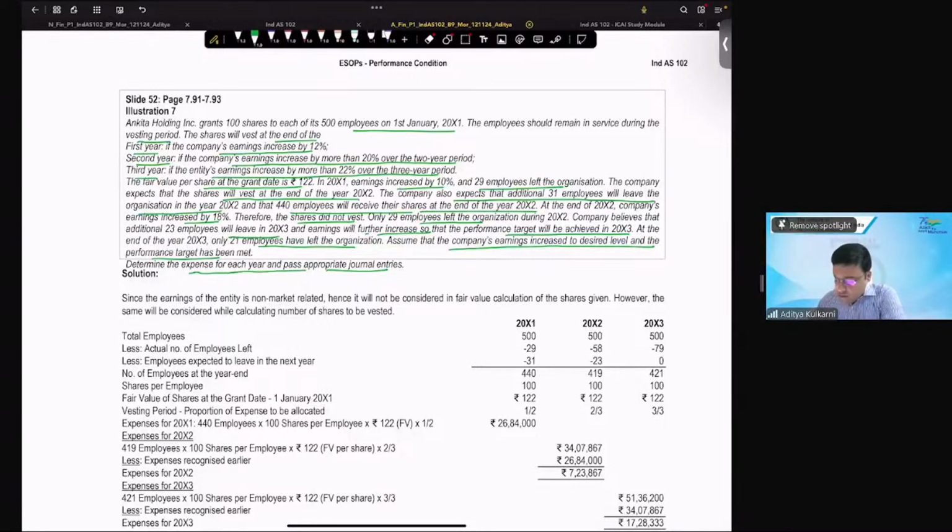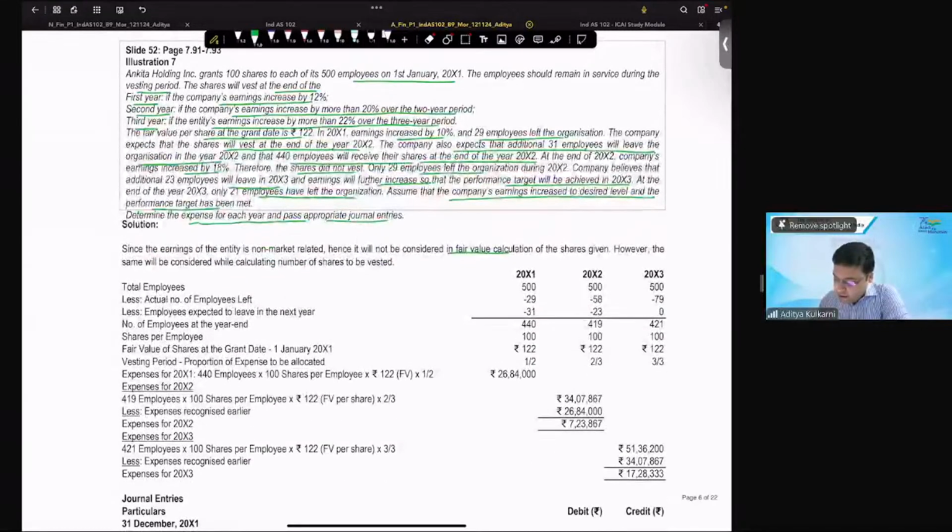Simple. First point, is this a market related condition or non-market related condition? Non-market. Because it is a non-market related condition, the impact of this is not an input for the fair valuation. Therefore, we will calculate this at the time of determining how many options have actually vested. So total employees, we start off with 500.